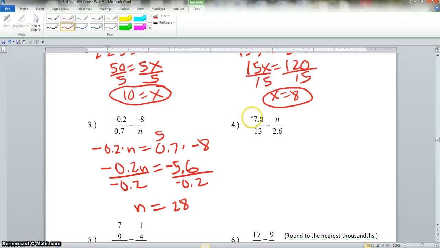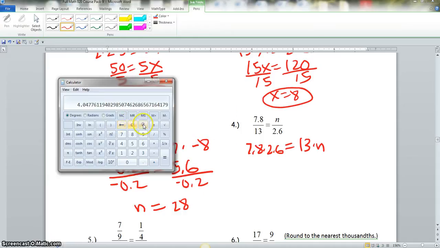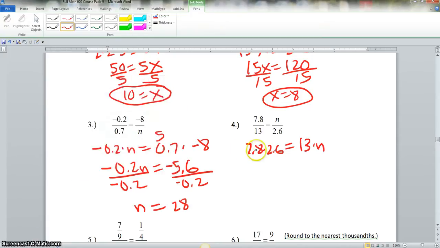Now, we're going to cross multiply number 4. So we would take 7.8 times 2.6 is equal to 13 times n. Now, we could take our calculator and multiply 7.8 times 2.6, and that gives us 20.28.